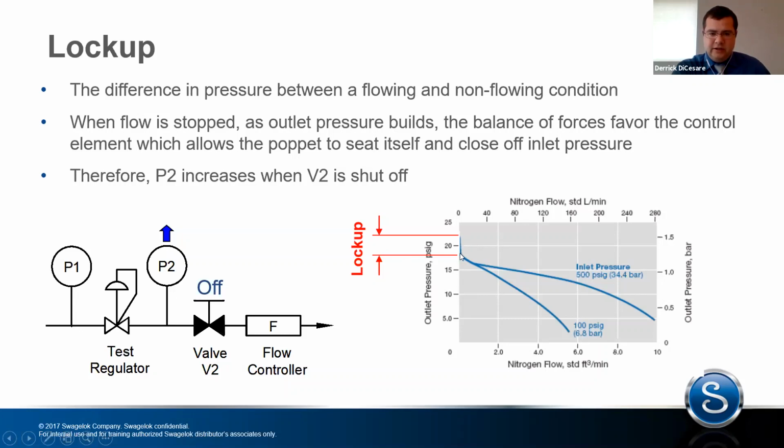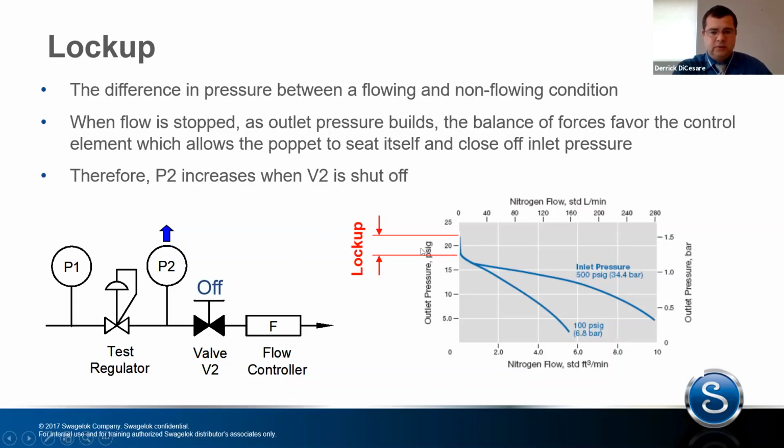So this little range in here is called lockup. It's not the entire thing, even though that's part of it. But the lockup is going from flowing to non-flowing. That's a huge change as a percentage, much larger than from going over here.